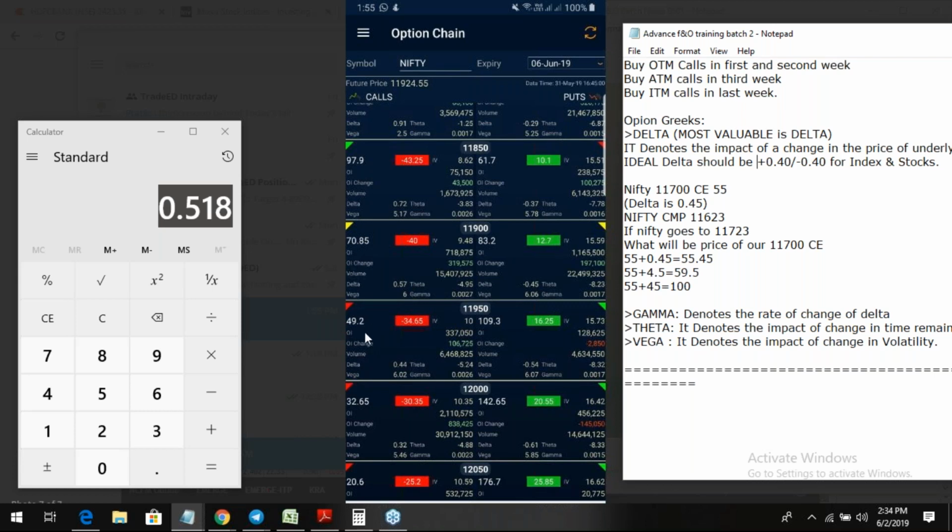It's in our range, 0.49, 0.50, 0.35, right? But if you are buying the 12,000 call, the delta is 0.32. Premium is very low, no problem, but the delta is also low. Your premium will not go as fast as these two, because the delta is less. Understood now?